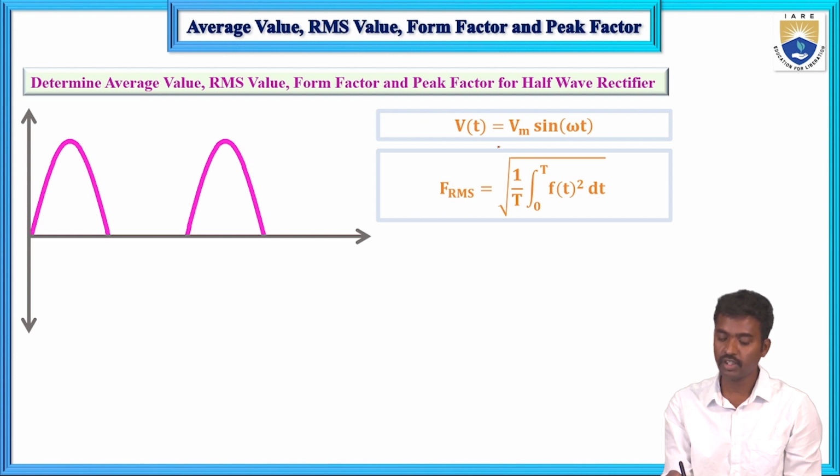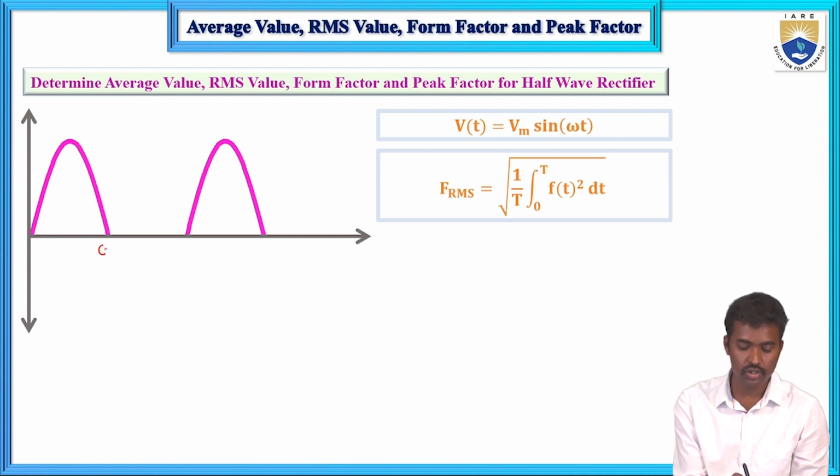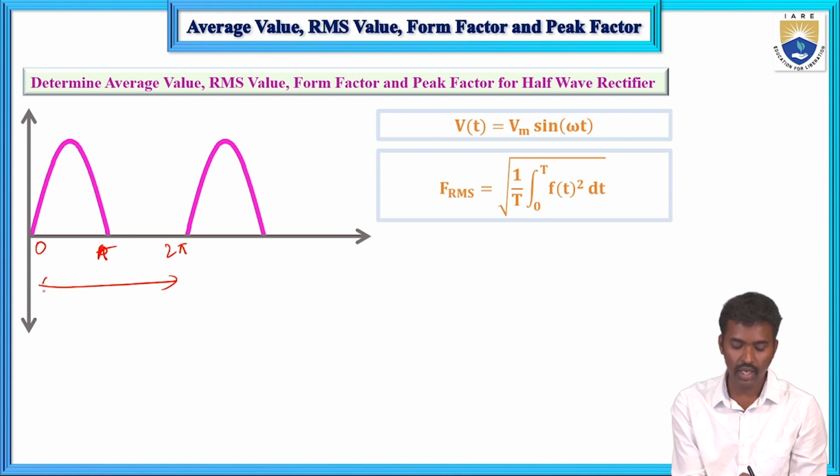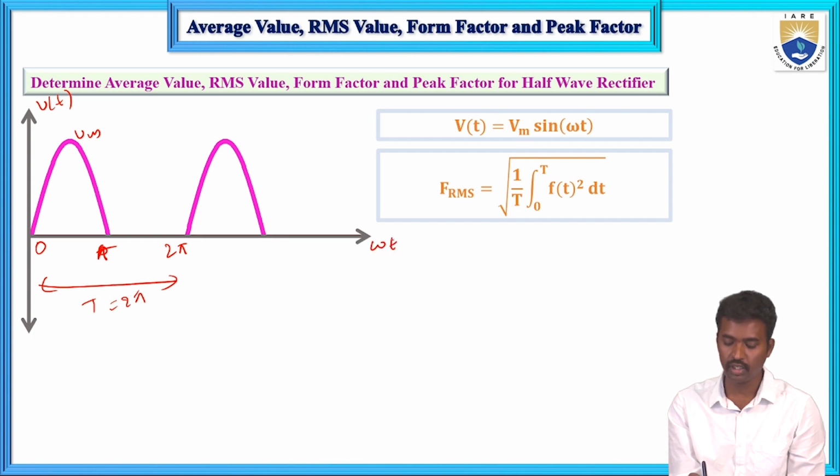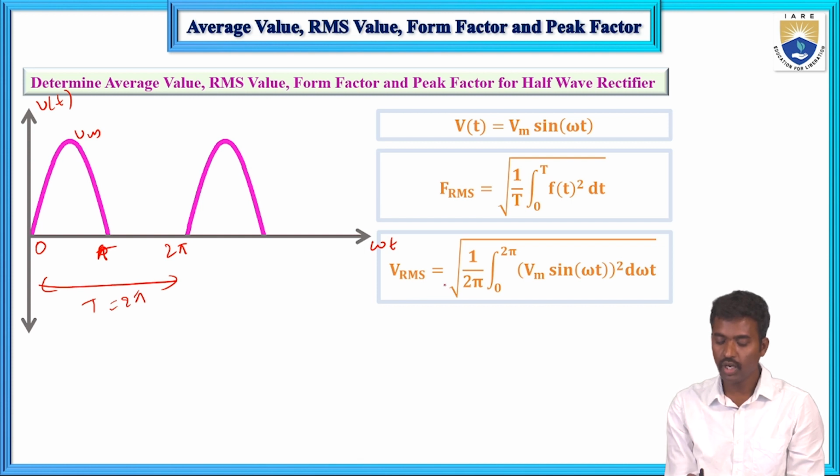Here f of t is Vm sin omega t, and at t equals 0, pi, 2 pi the values are marked here. So the time period T equals 2 pi, this is Vm, and this is V of t equals Vm sin omega t, against omega t. Now substitute: V RMS equals the square root of 1 by 2 pi, integral 0 to 2 pi of Vm sin omega t whole squared d omega t.